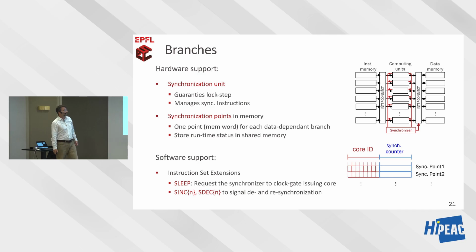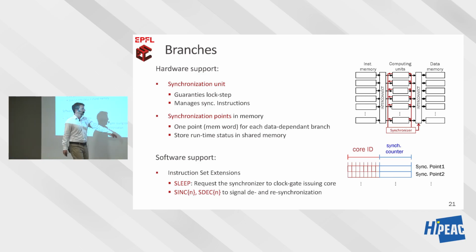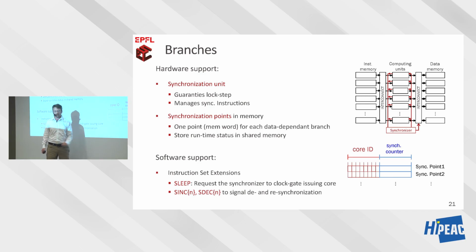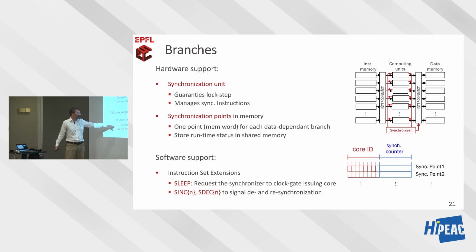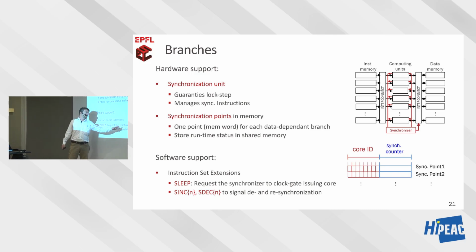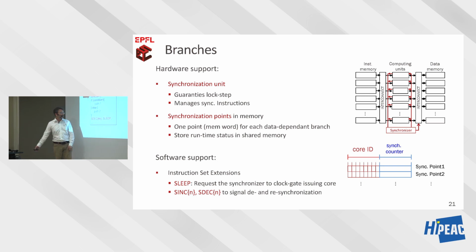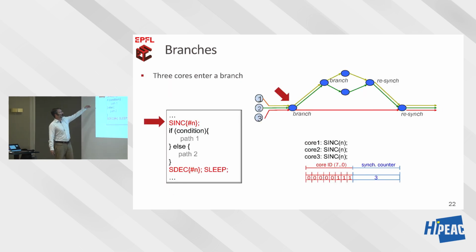How does it work? We have synchronization points, which are specialized locations in memory. And we have a sleep instruction, which requires the synchronizer to clock gate a core, and sync and stack, which signal possible desynchronization and resynchronization. At the beginning of a data-dependent branch, all the cores are asynchronous, so they issue a sync instruction.